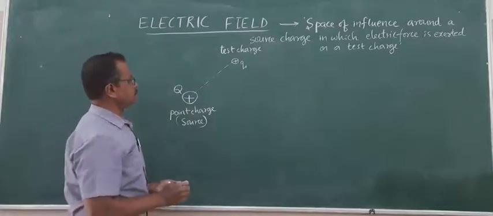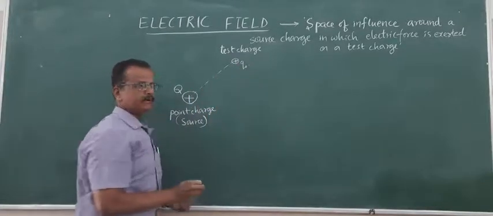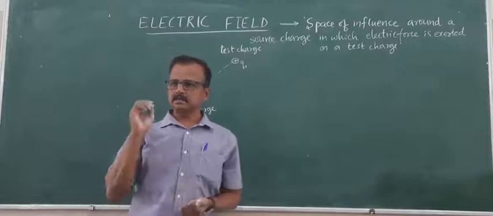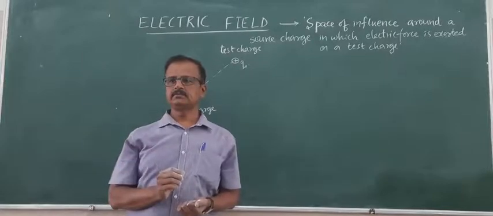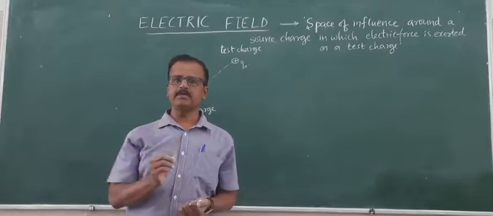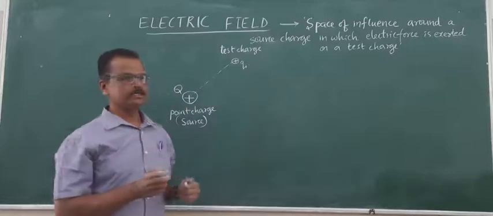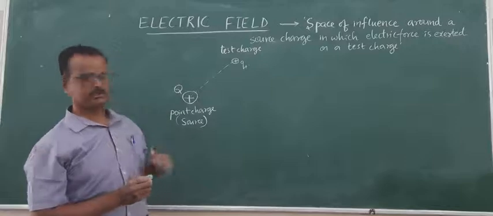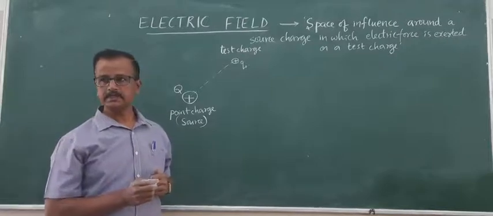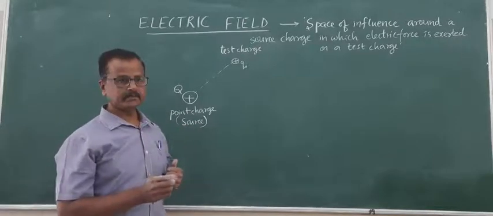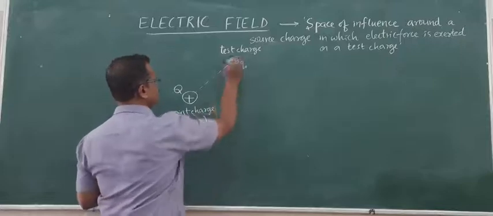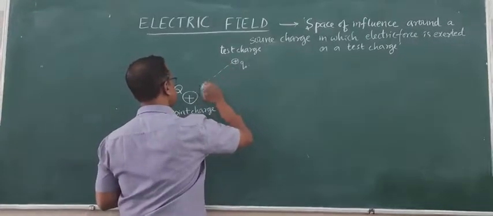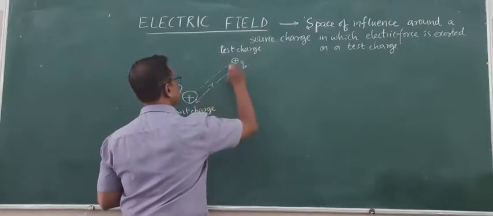Then the force experienced per unit charge by this test charge is defined as the electric field due to this source charge. Right? So how is it calculated? Let us consider the test charge to be at a distance r from the source charge.